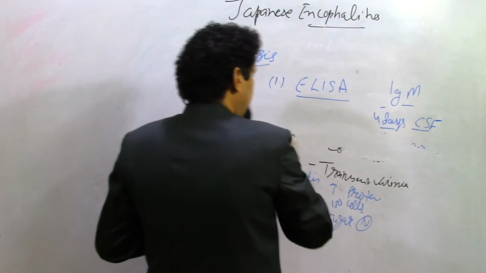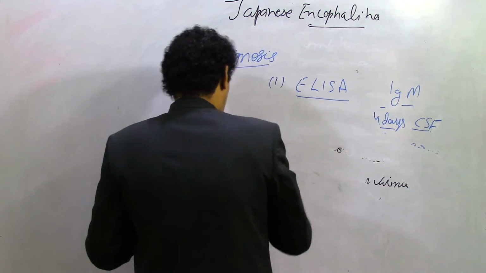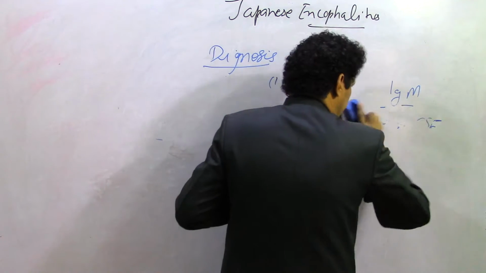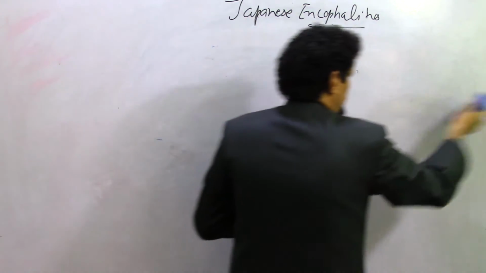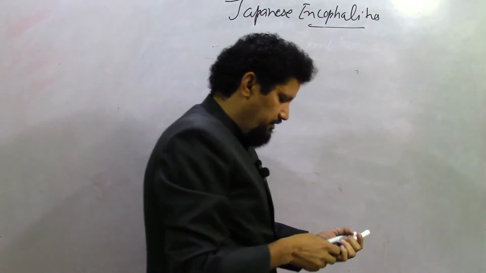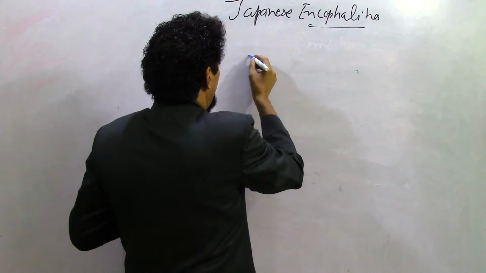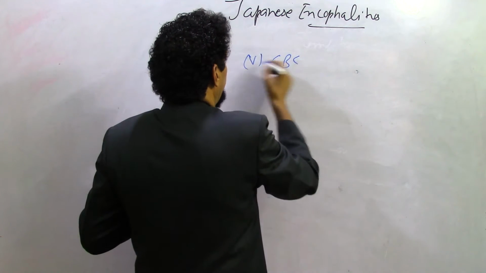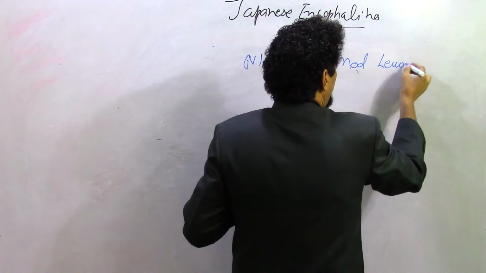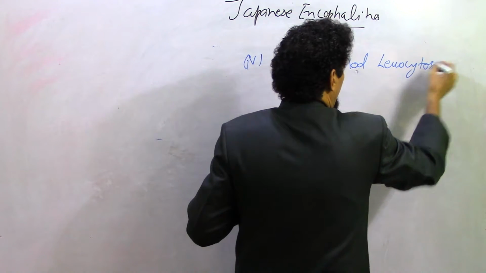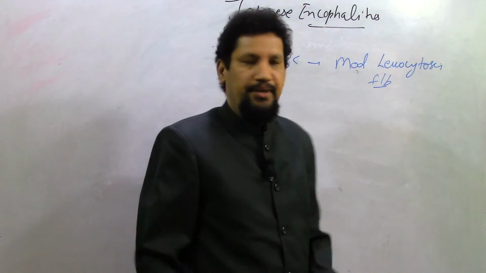The complete blood count, CBC of the infected patient is having initial moderate leukocytosis, followed by relative leukopenia.